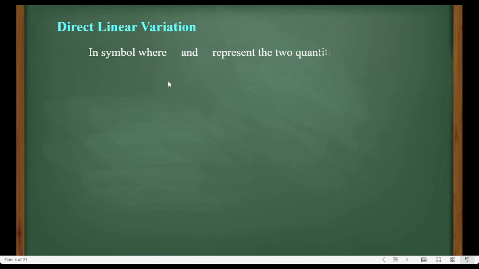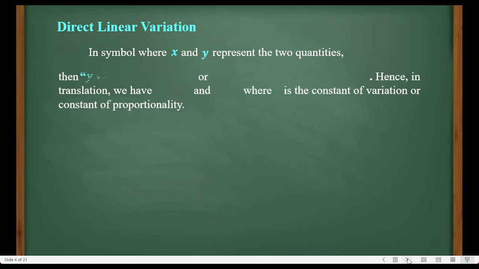In symbol, where x and y represent the two quantities, then y varies directly as x, or y is directly proportional to x. Therefore, in translation, we have y equals kx.